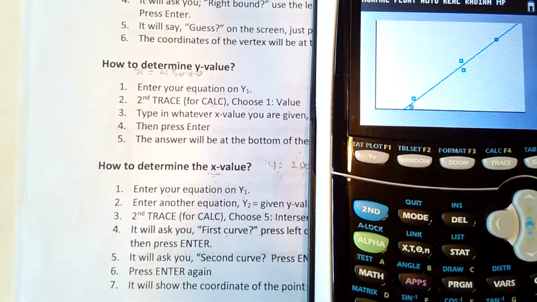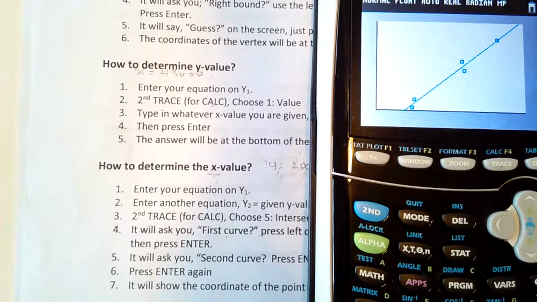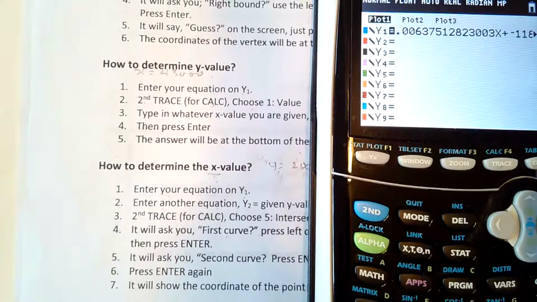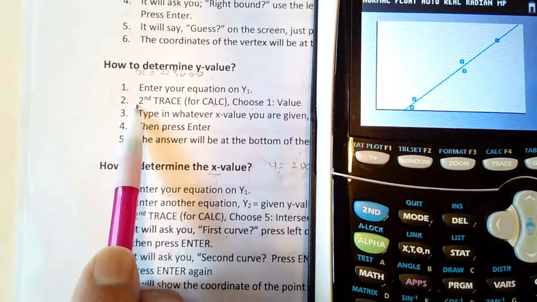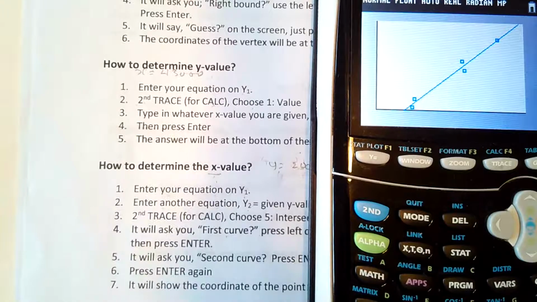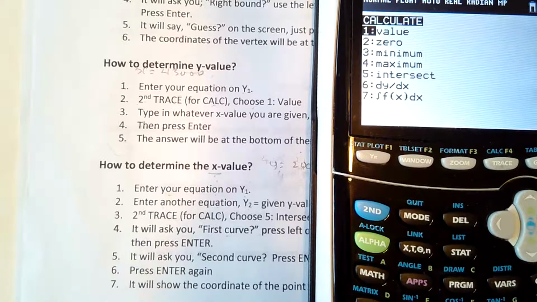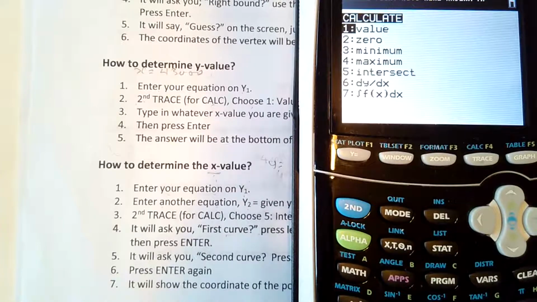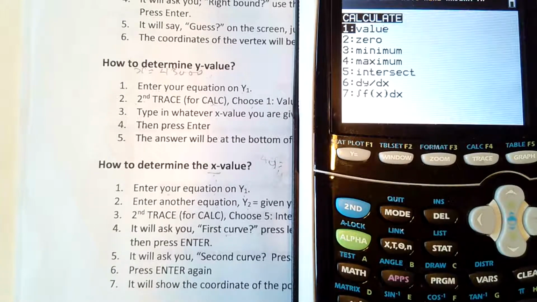Now here's our graph. This is my x-axis, y-axis. Once we have our equation, y equal to, we have our line of best fit. We follow step 2: second button here, and trace. So second and trace. Then you will hit the enter button.